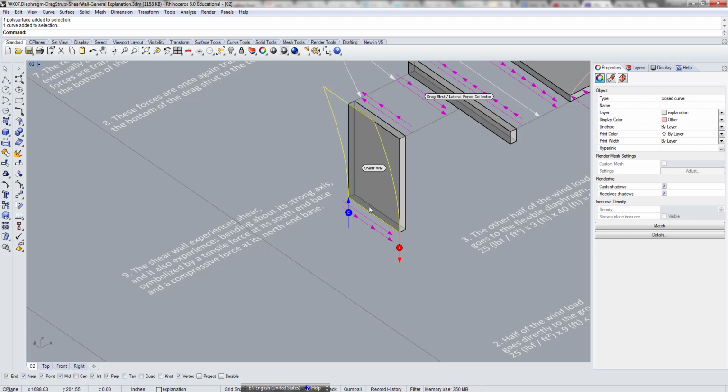So that force right there is trying to rotate this guy. If nothing is happening at the bottom, it's just going to topple over like that, right? So in order to prevent that from happening on this end, the foundation needs to be pulling the bottom of the wall, and the other side needs to be pushing the other side of the wall.